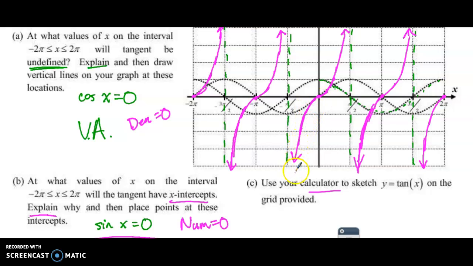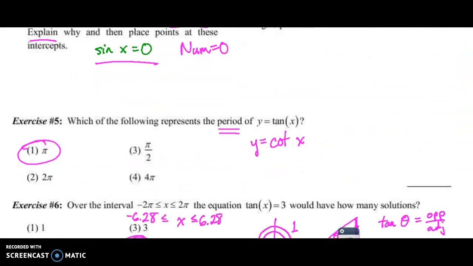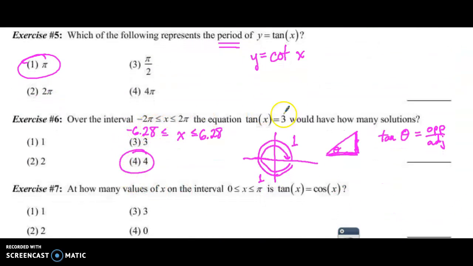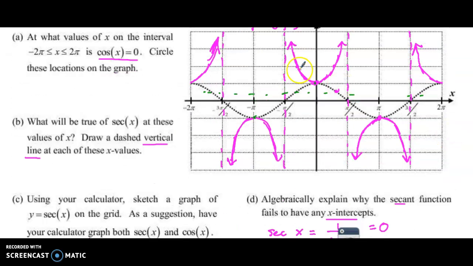Tangent can be negative 1,000,000 if I really wanted, or positive 1,000,000. It'd be a very, very thin triangle if opposite was 1,000,000 and adjacent was 1, but it is possible. Just to throw that out there, the range of tangent is negative infinity to infinity. We could not say the same thing about secant or cosecant. There's definitely a limitation to those values.